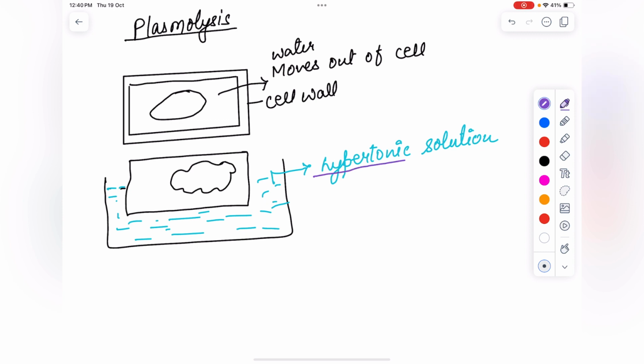हाइपरटोनिक सॉल्यूशन में रखेंगे तो क्या होगा? क्यों हाइपरटोनिक?